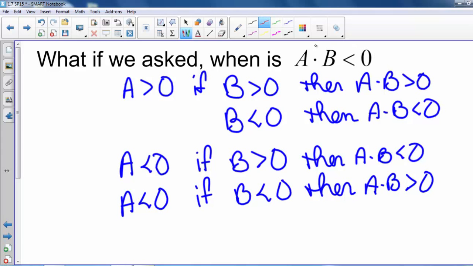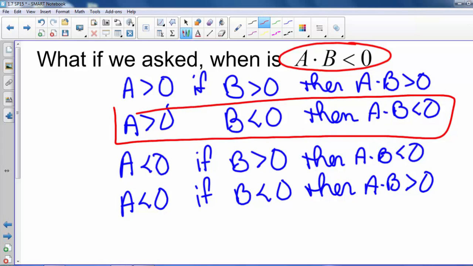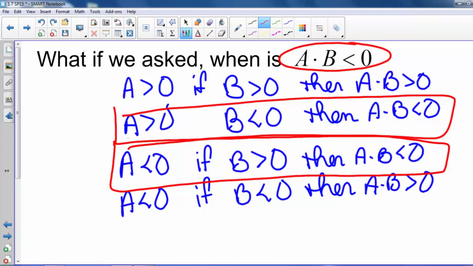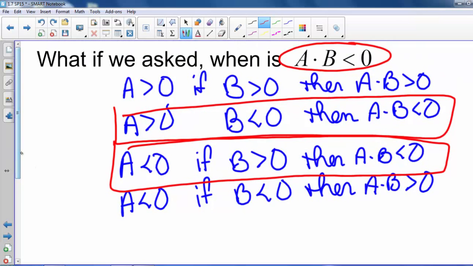So a times b is less than 0 when a is greater than 0 and b is less than 0, or when a is less than 0 and b is greater than 0. And the same thing is true with division. So we're going to use this idea to solve nonlinear inequalities.